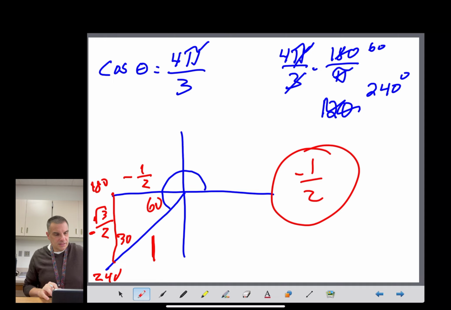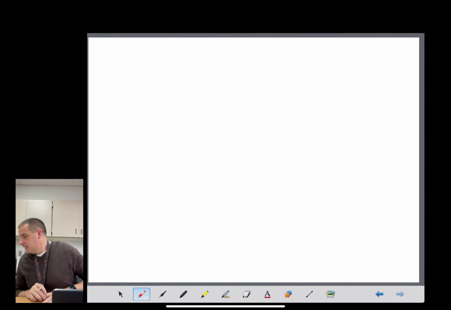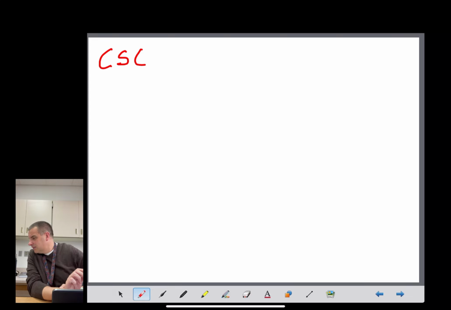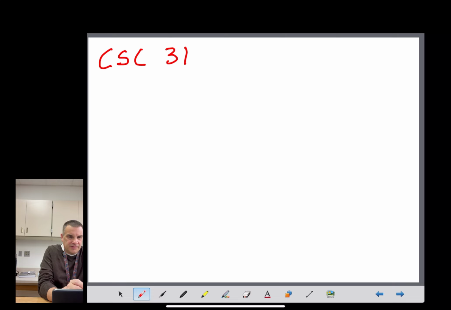Okay, let's look at another one. Let's find the cosecant. We're going to find the cosecant this time of 315. So we're going to find the exact value of the cosecant of 315.